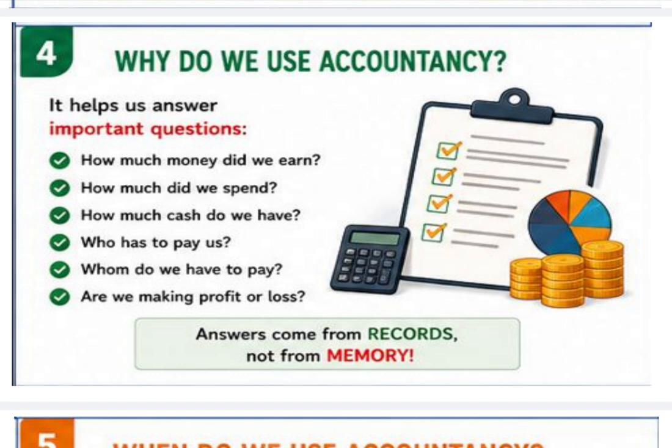How much money did we earn, meaning what is our income? Where did we spend? How much cash do we have? Who has to pay us? Whom do we have to pay? Are we making a profit or loss? By the end of the day or month, is there any cash remaining with us or not? All these answers come from the records, not from memory.